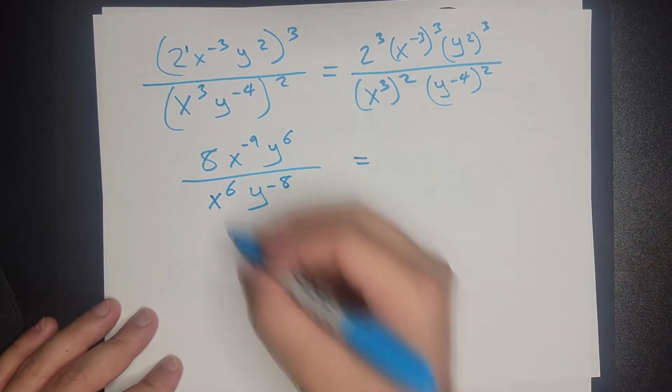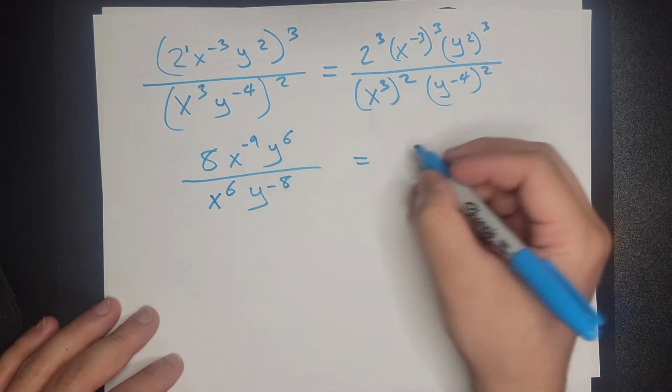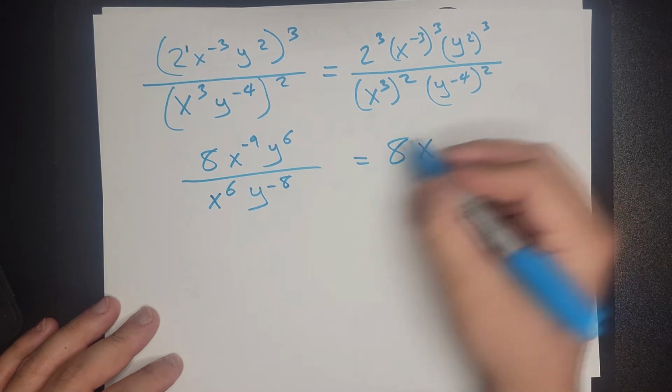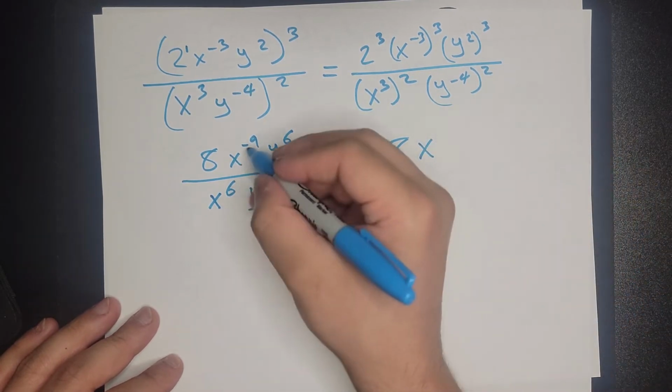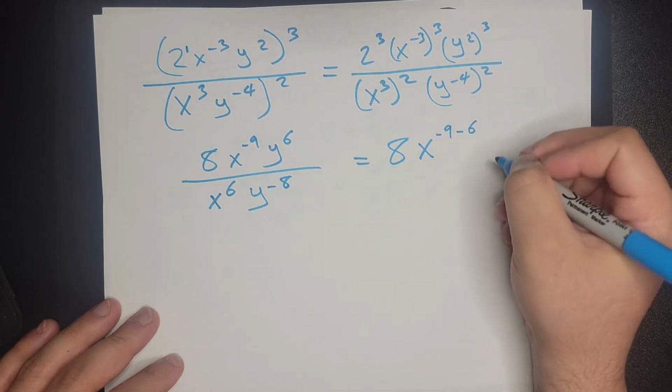So let's start doing our division. So our 8 has nothing that it is being divided by, but we have exponent x in the numerator and denominator. So their exponents can actually subtract.